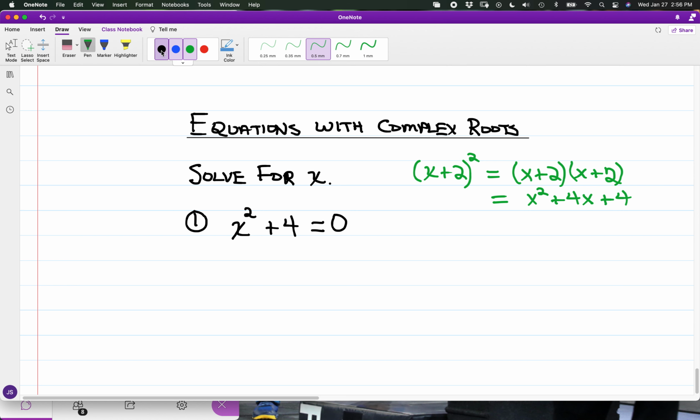So in terms of solving for x, what I can do is separate the x squared apart from the 4, moving the 4 over by subtracting. And so I'm going to have x squared is equal to negative 4.